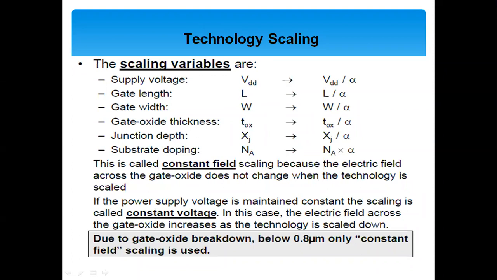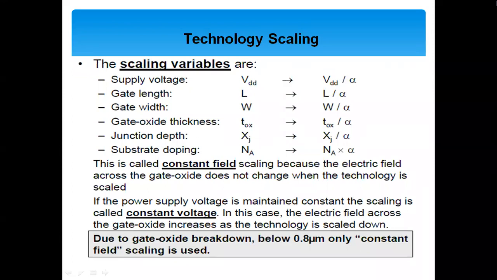Now, if the power supply voltage is maintained constant, the scaling is called constant voltage scaling. That means if you are not going to change the supply voltage VDD, it is called constant voltage scaling, right? In this case, the electric field across the gate oxide increases as technology is scaled down.